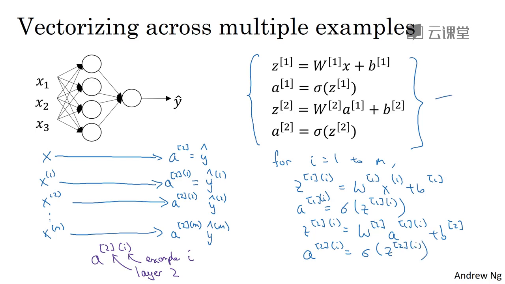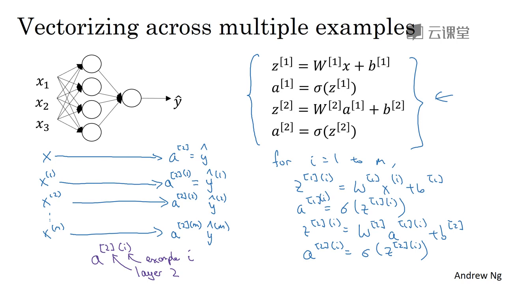So it's basically these four equations on top, but adding the superscript round bracket I to all the variables that depend on the training example. So adding the superscript round bracket I to X, Z, and A if you want to compute all the outputs on your M training examples.